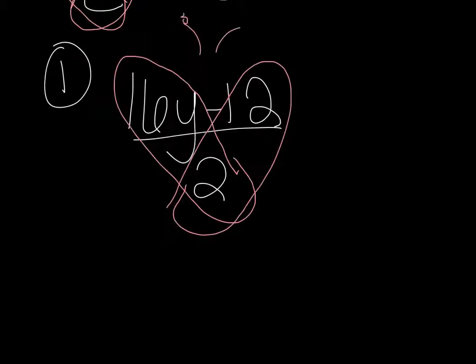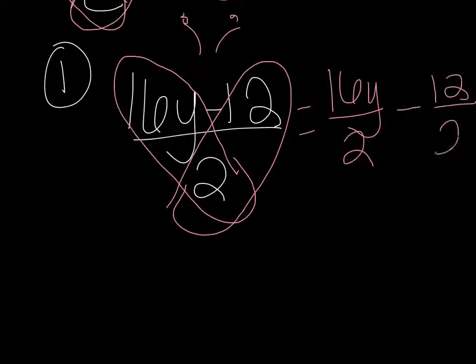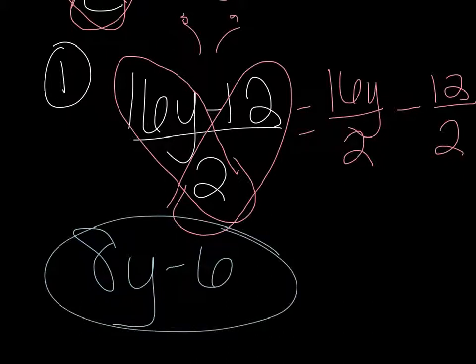So that means I'm going to break this out into 16y over 2, and this time, what is my sign in the middle? It's a subtraction, so I'm going to subtract 12 over 2, and then you're going to simplify both of your fractions. What is 16y over 2? 8y. What is 12 over 2? 6. So your answer would be 8y minus 6.